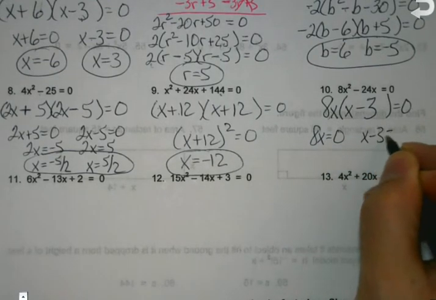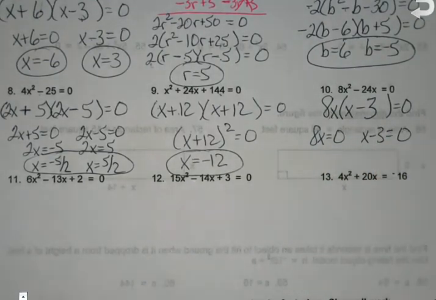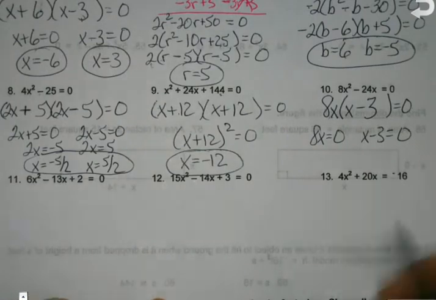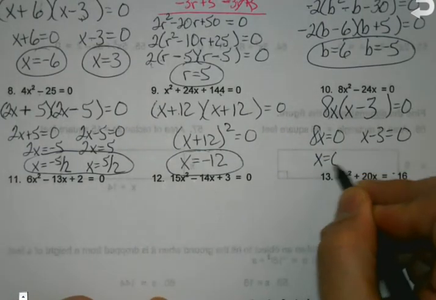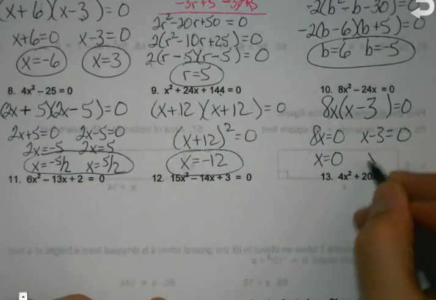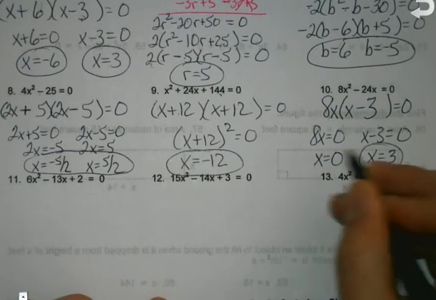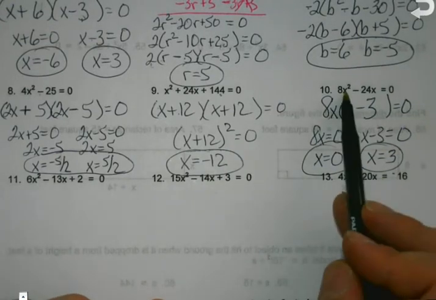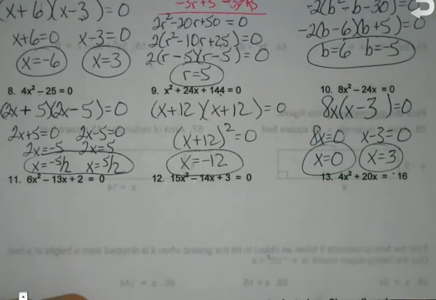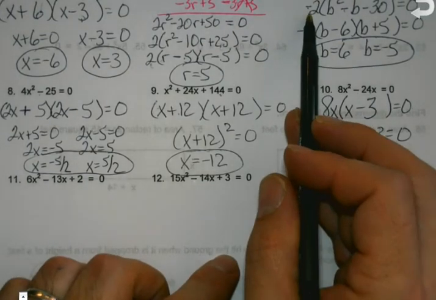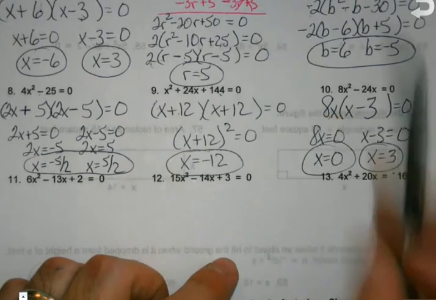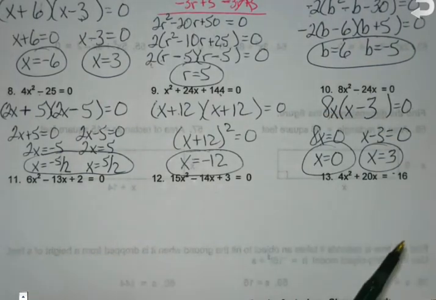But the only time that happens is when you have a variable term with it. Which makes sense because if I plug in 0 here, I get 0 minus 0, 0. So the only time you're going to do that is not when it's just a number, a coefficient, but only when it has a variable term.